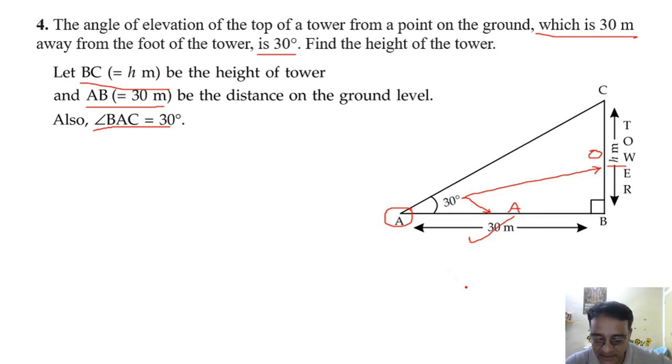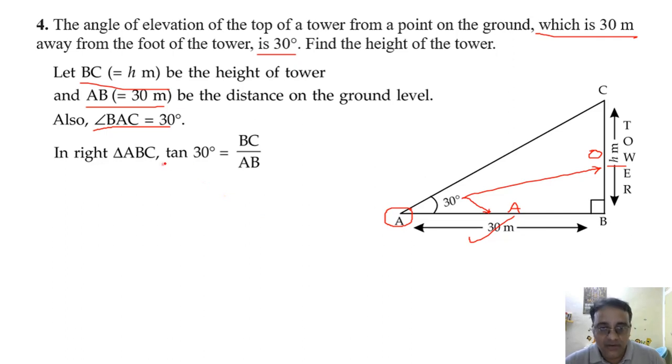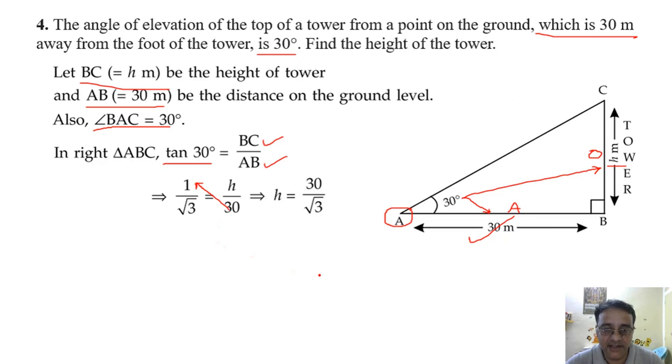Opposite side by adjacent side. Right. So BC by AB. So what is the value of tan 30 degree? 1 by root 3, and BC is h and AB is 30. So 1 by root 3 is equal to h upon 30. So 30 यहाँ पे क्रॉस मल्टीप्लाई होगा, so h मिलेगा 30 by root 3.